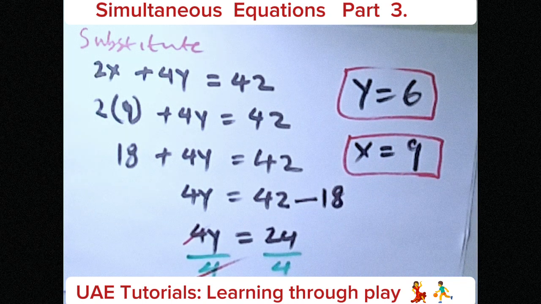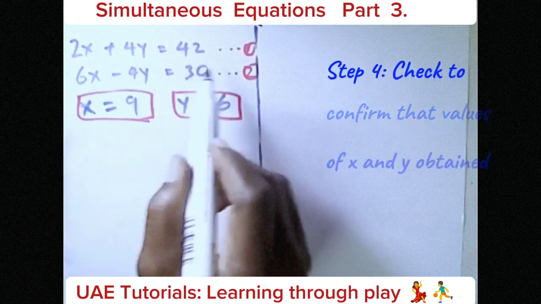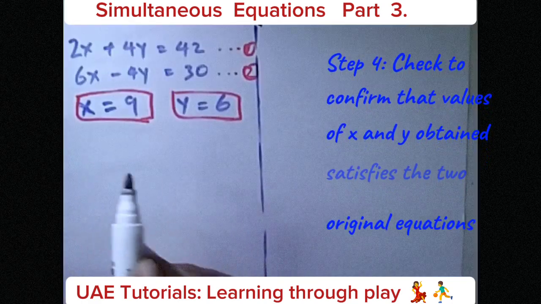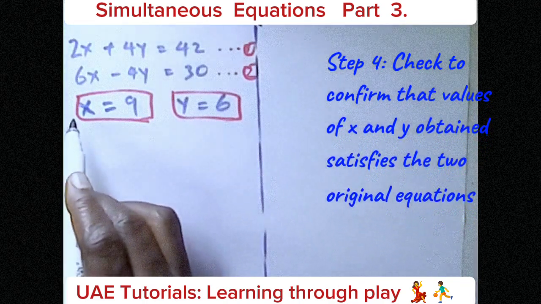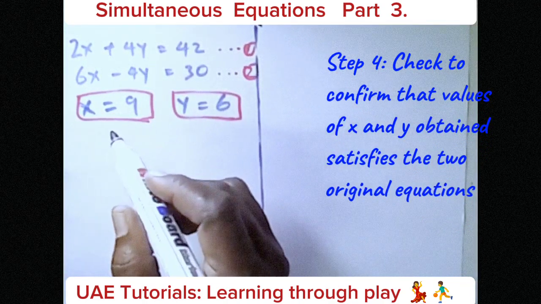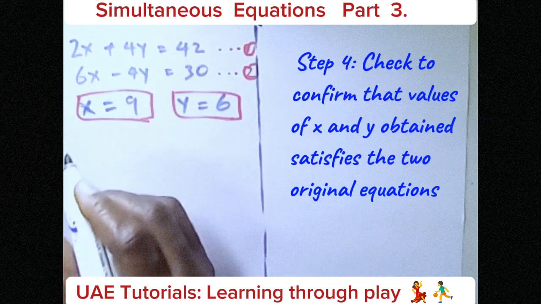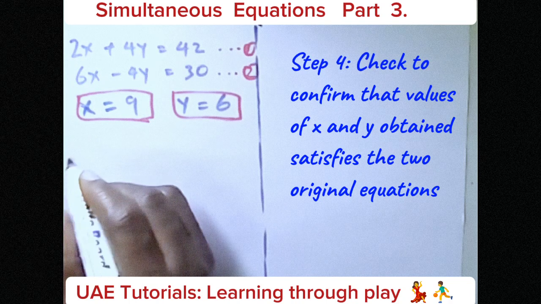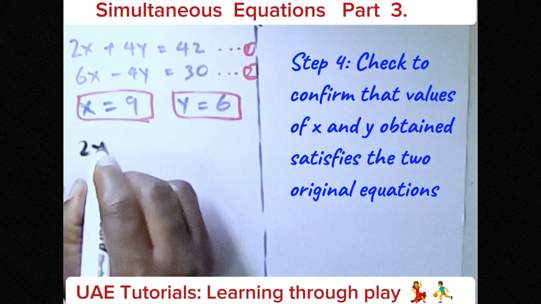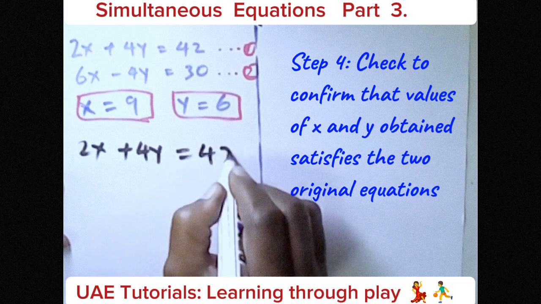The next thing we want to do is to go back to the two original equations and check whether these values are correct. So from what we have done so far, we got the value of x to be 9 and y to be 6. So we are substituting these values into the two original equations. Let's pick equation 1: 2x plus 4y equals 42.